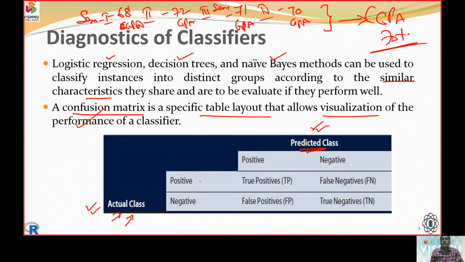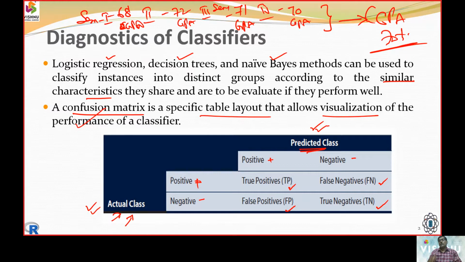Now we take up two items, one as positive and another as negative. So we get four combinations. One we call true positive, another false negative, another false positive, and another true negative.